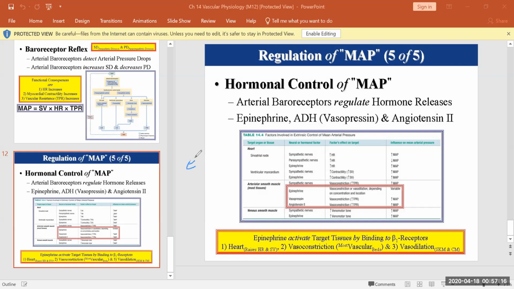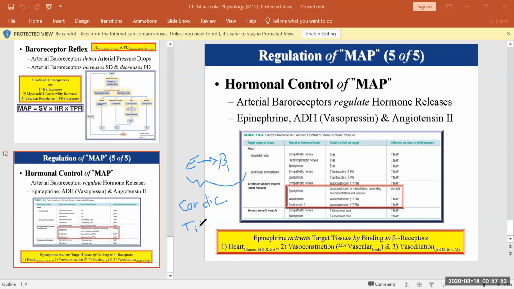Epinephrine can affect the beta-1 receptor as shown here. And when epinephrine affects beta-1, we are talking about cardiac tissue.